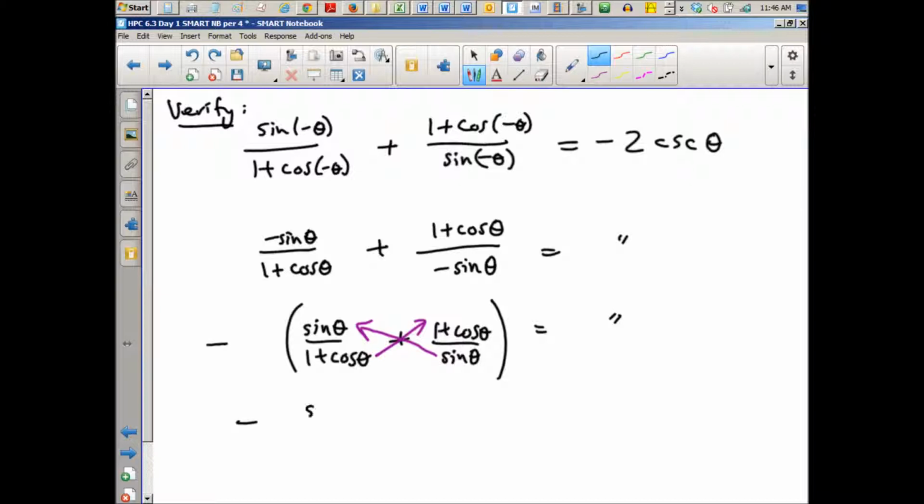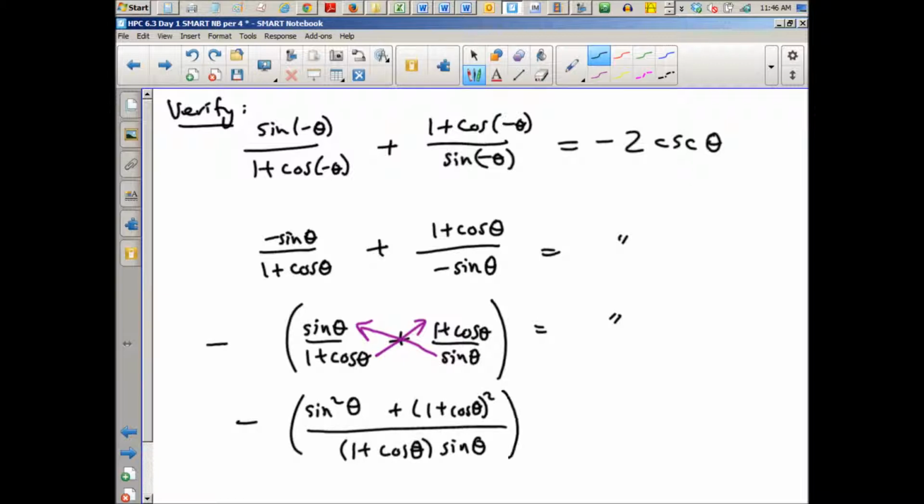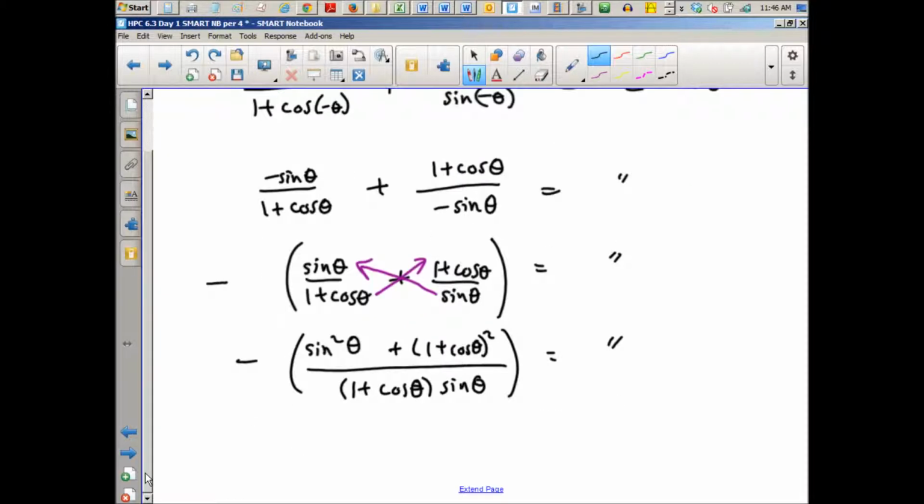Sine times sine is sine squared. 1 plus cosine times 1 plus cosine would be written like this. And the bottom is just both denominators. So usually your LCD is just the product of your two denominators. Not always, but you can certainly get a common denominator that way. Just multiply it together.